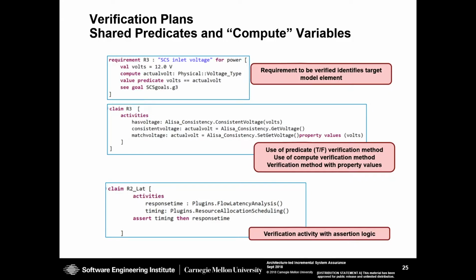We then write down as an assertion that the response time, the latency analysis, can only be done once the timing analysis has been performed, because the latency analysis lives off the assumption that all the deadlines have been met, that the system is schedulable. So that is recorded as part of the logic here.